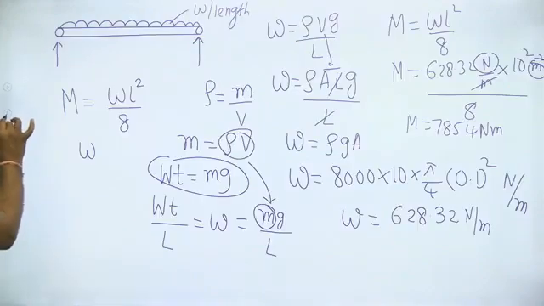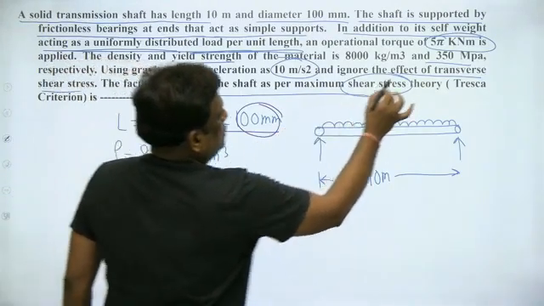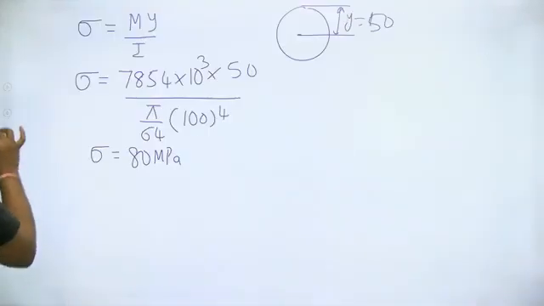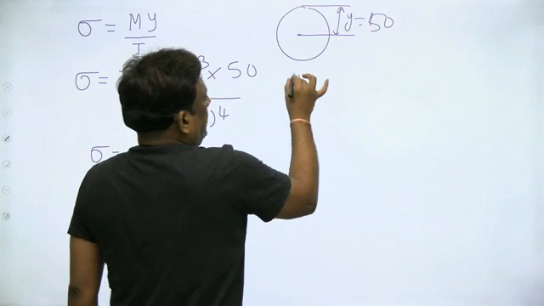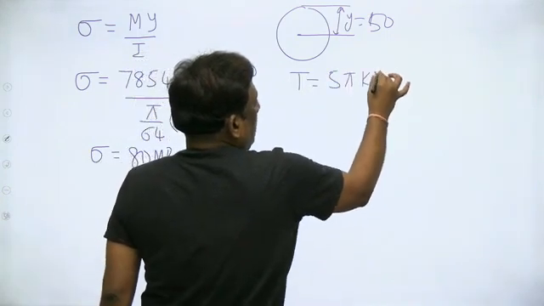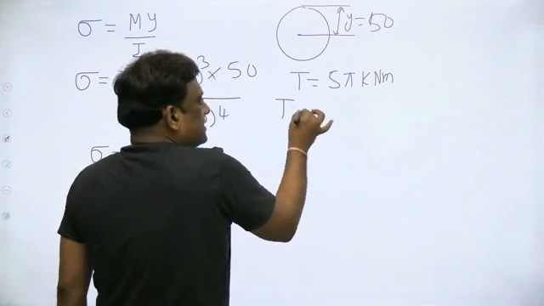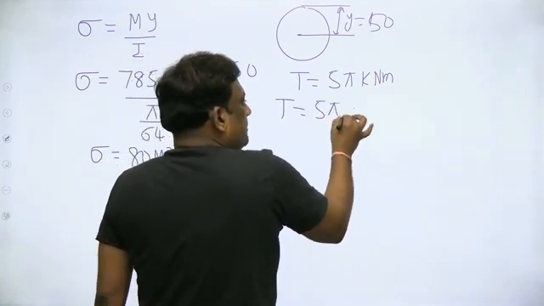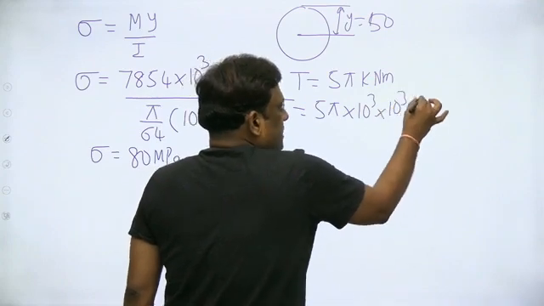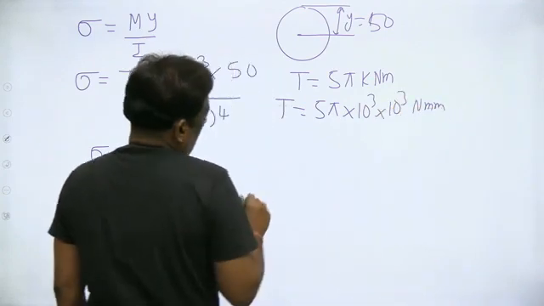Clearly, he also said in the problem that it is subjected to a torque of 5 pi kilonewton meter. So I will write this as 5 pi, kilo means 10 power 3, meter is 10 power 3, so this will be in Newton mm. Okay.